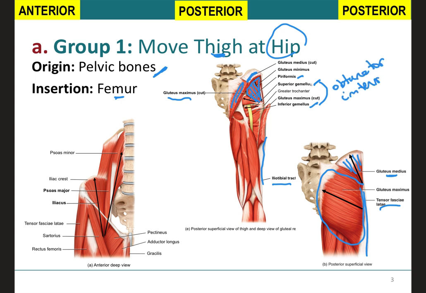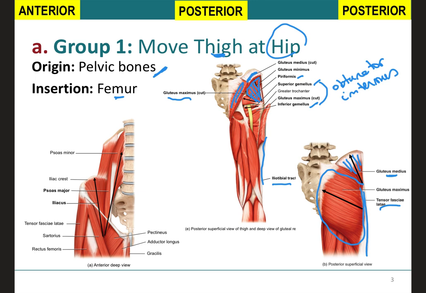And the obturator internus will also have the same function, because the fibers are all running in the same direction and all the muscles are located in the same compartment. So all these muscles will do lateral rotation and abduction at the hip, as you can see by the arrows. So the piriformis, the superior gemellus, the obturator internus, and the inferior gemellus.